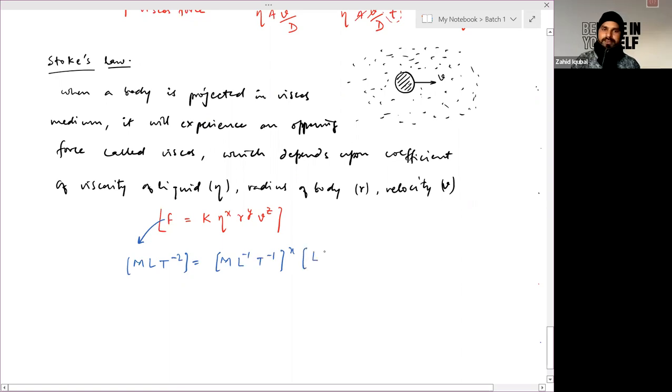R, radius being length, L raised to y. Velocity, L T minus 1 to the power z. So on rearranging, you will get M raised to x, L raised to minus x plus y plus z, and T raised to minus x minus z.